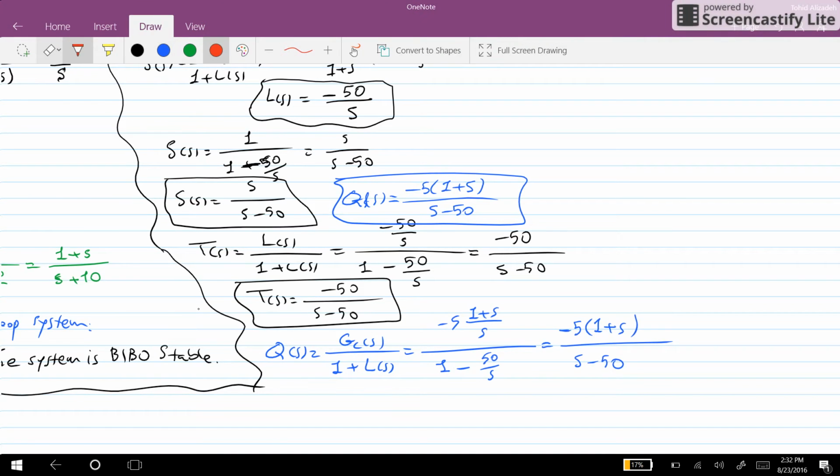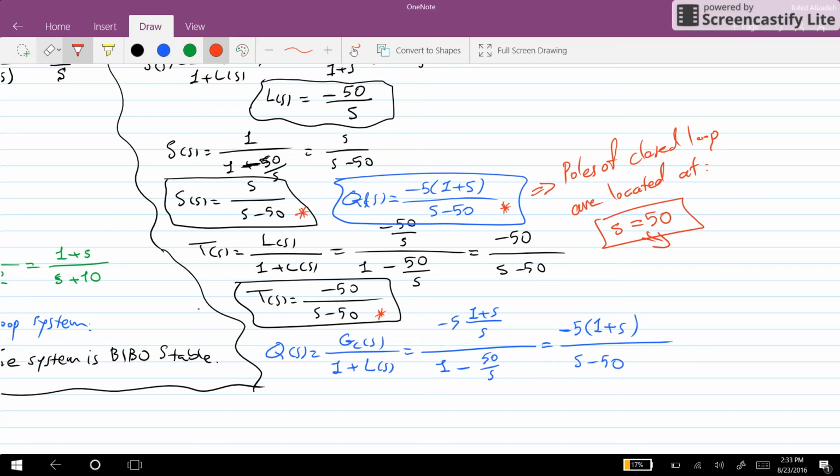And now again, having a look at these three transfer functions that we have, we can say that the poles of the closed loop system are located at s equal to 50, which means that the closed loop system is not BIBO stable.